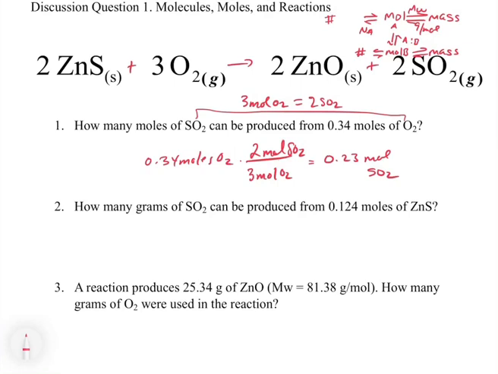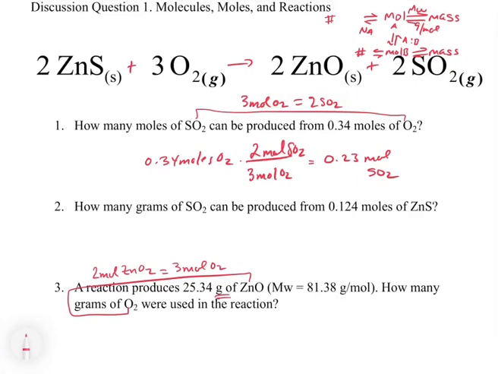Now let's look at one that's a little bit more challenging. Here we have a reaction that produces 25.34 grams of zinc oxide. How many grams of O2 were used in the reaction? In this case, we're going from zinc oxide to O2, and our ratio is that for every 2 moles of zinc oxide, we had 3 moles of O2. But the problem is we're starting with grams.